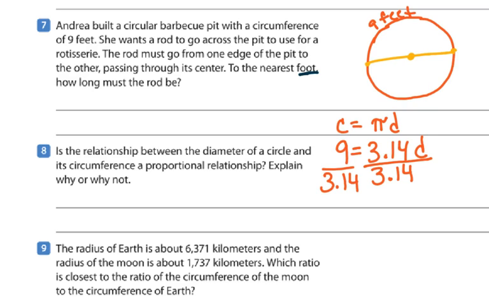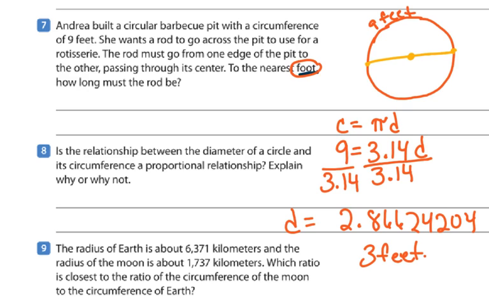Now, when I put that in my calculator, I get 2.86624204. So, remember how it said to the nearest foot. So when I round this, it's going to round to 3 feet. 3 feet would be your correct answer.